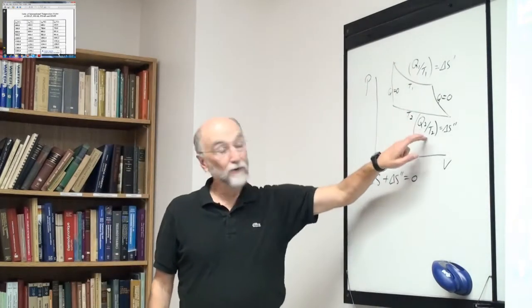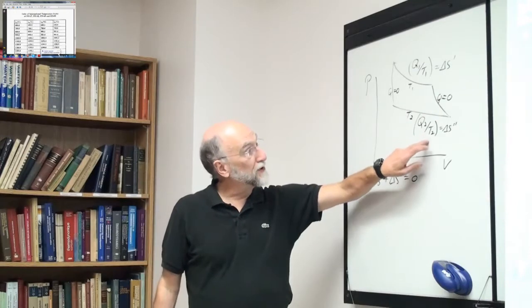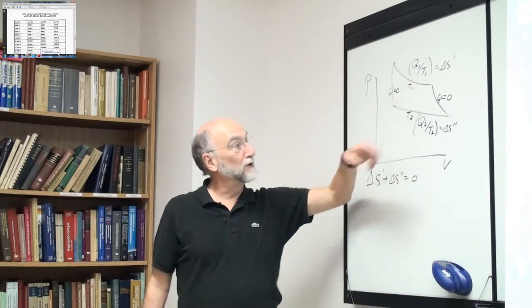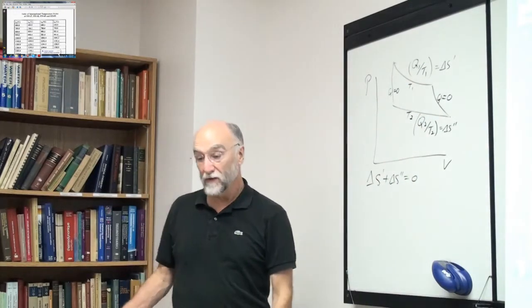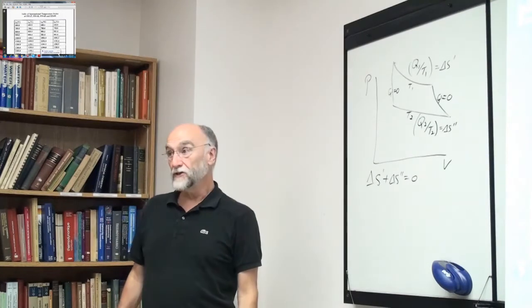This over this has to be equal to this over this. So you put this in ice water, you put this in boiling water, and Q1 over Q2 equals 373 over 273. Now you have defined your temperature scale.